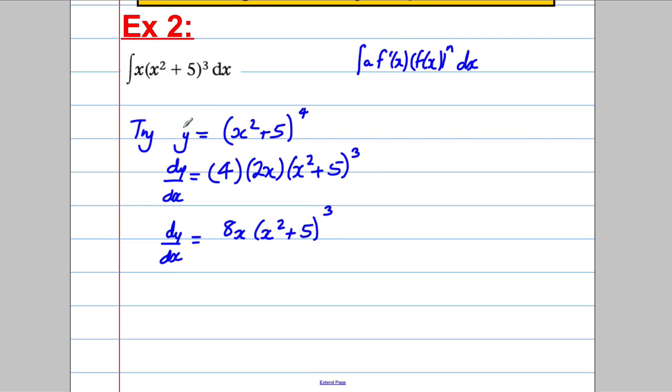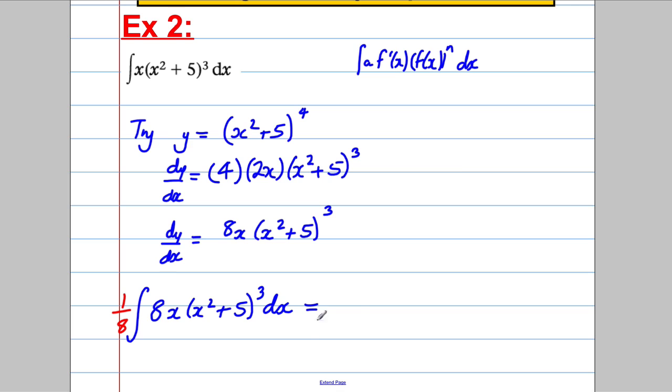So therefore I know that differentiating this function gives me this, so integrating this function gives me that as the answer. But if I did want to integrate 8x, x squared add 5 to the 3 with respect to x, I don't want to actually integrate that in the question. I want to integrate just one of these. So what I'm going to do is leave the 8 in there, but I'm going to divide by 8, so I'm getting the integral I'm after.